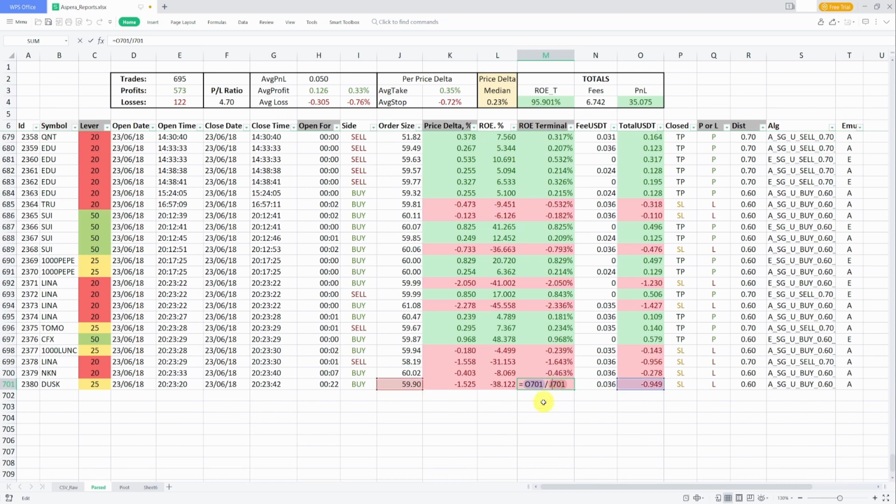So this comes from this formula. You have your total USDT divided by your order size. Remember that total USDT is already taking into account the fees that you have paid to the exchange. So less the fees, you have less profit or more loss, and that's where you get this number from.